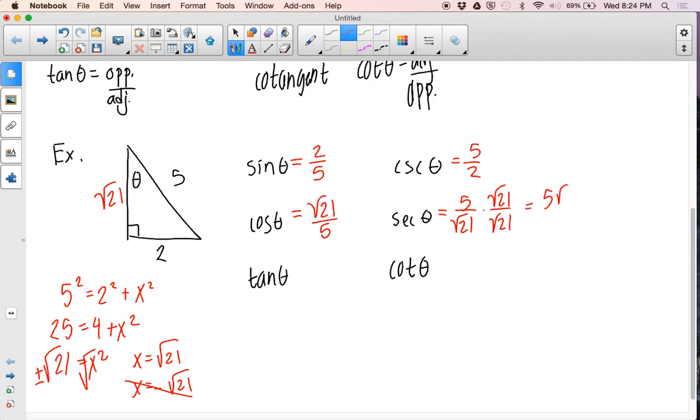So I get 5 root 21 over 21. Tangent, opposite over adjacent, so we get 2 over square root 21. When I rationalize my denominator, that becomes 2 square root 21 over 21. And cotangent, I'm just going to flip my tangent, so that's square root 21 over 2. So these are going to be your answers here.